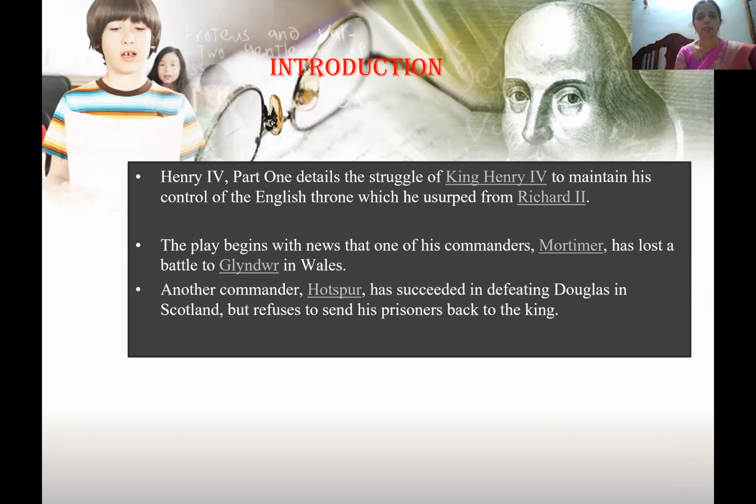The play begins with the news that one of his commanders, Mortimer, has lost a battle to Glyndŵr in Wales. Another commander, Hotspur, has succeeded in defeating Douglas in Scotland, but refuses to send his prisoners back to the king.